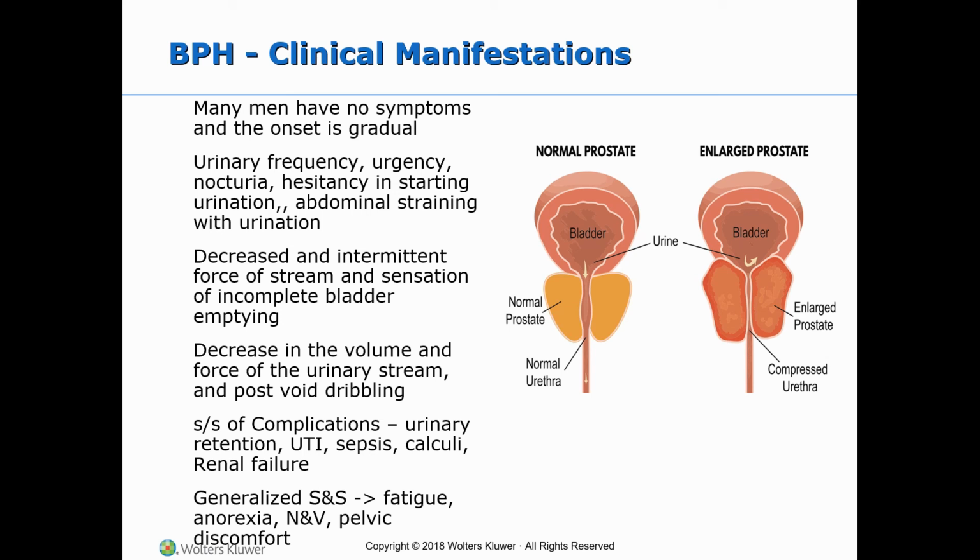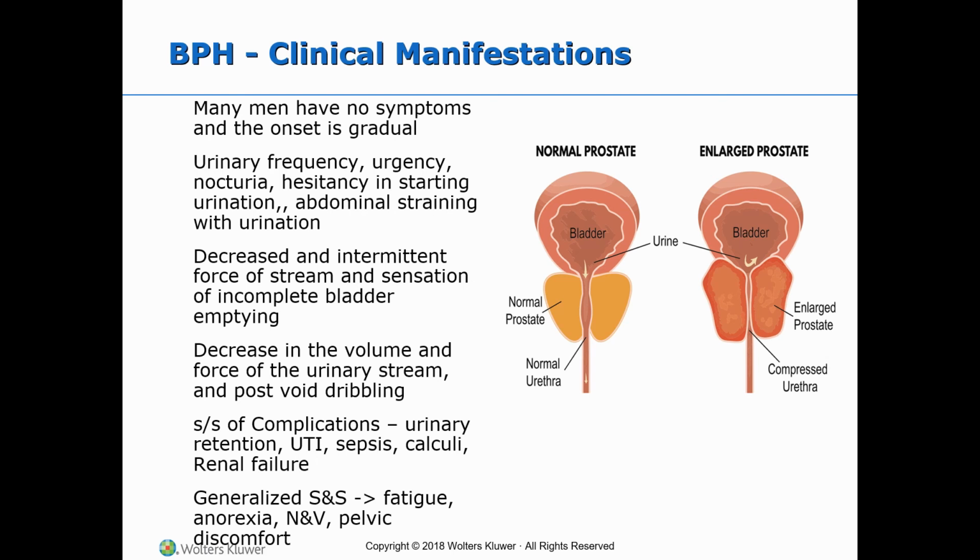Clinical manifestations. Many men have no symptoms, and the onset is usually gradual. Urinary frequency, urgency, nocturia, hesitancy in starting urination, abdominal straining with urination, decrease and intermittent force of stream and sensation of incomplete bladder emptying, decrease in the volume and force of the urinary stream, and post-void dribbling are usually seen among these patients.